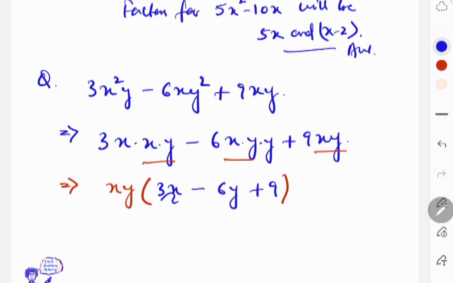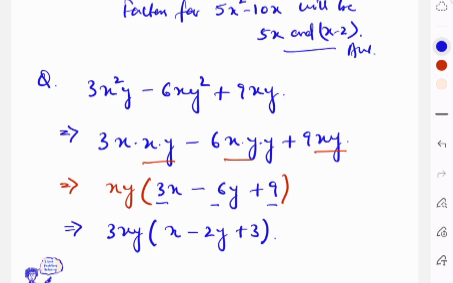Now see we have these constants 3, 6, 9. So we can take 3 common from this. When we take 3 common, we will have x minus 2y plus 3. So now we have the factors as 3xy and x minus 2y plus 3. So this is the answer.